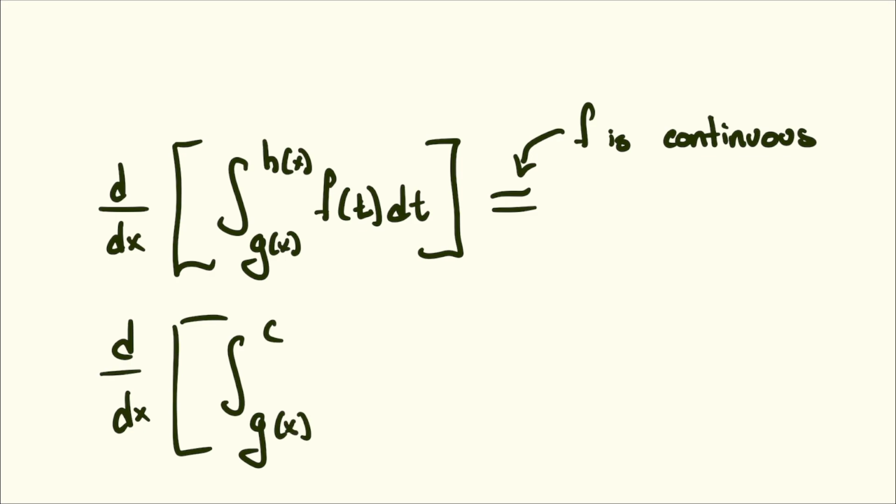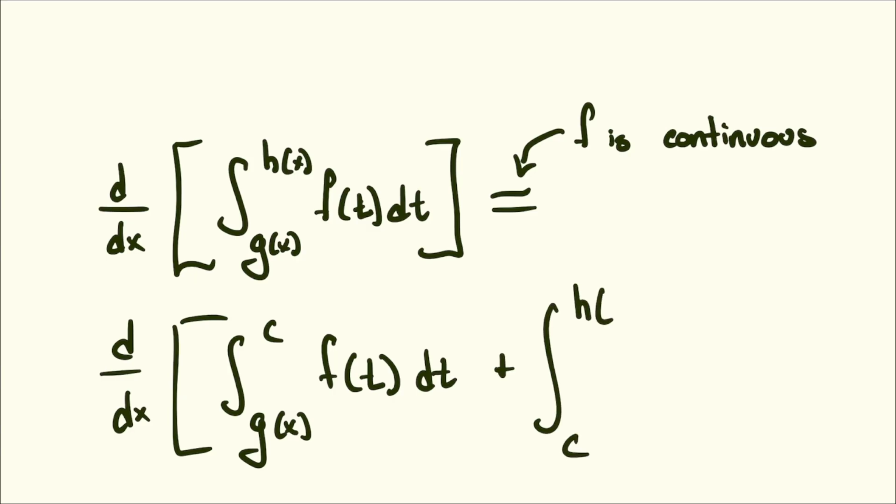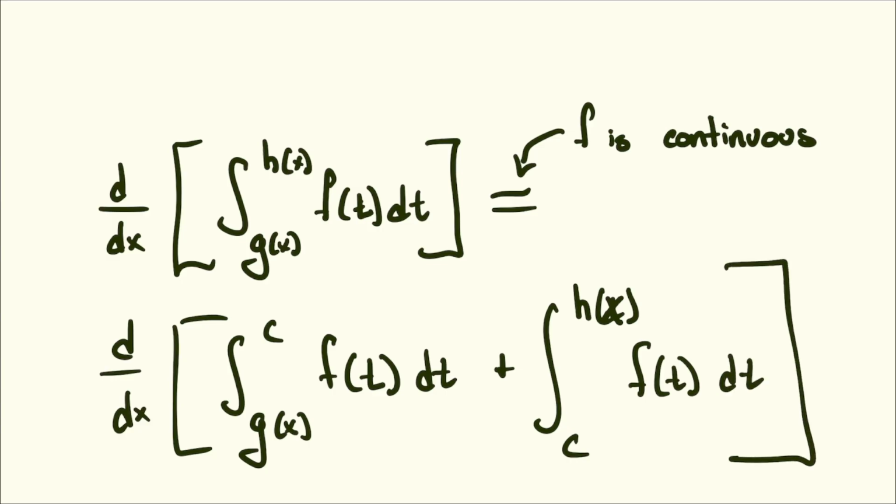Our first one is we are just going to go up to a random point between the two. Let's call it c. And actually, I want to put this on the inside. We're going to do this in two steps here. H of x, f of t dt. There we go.